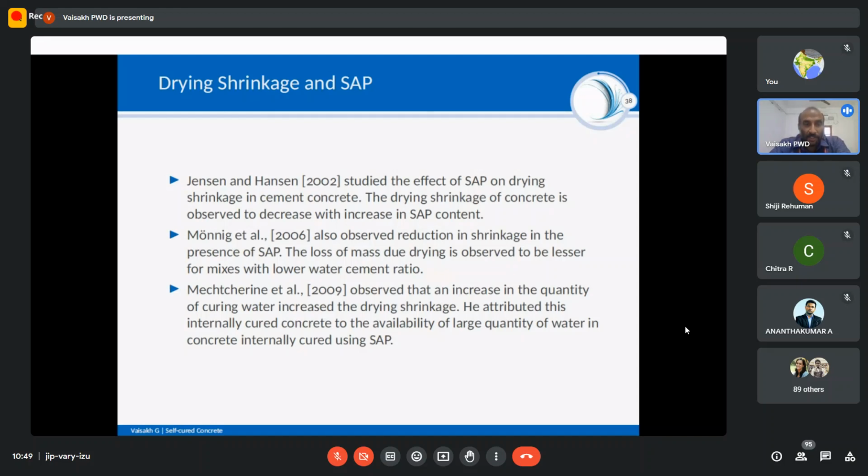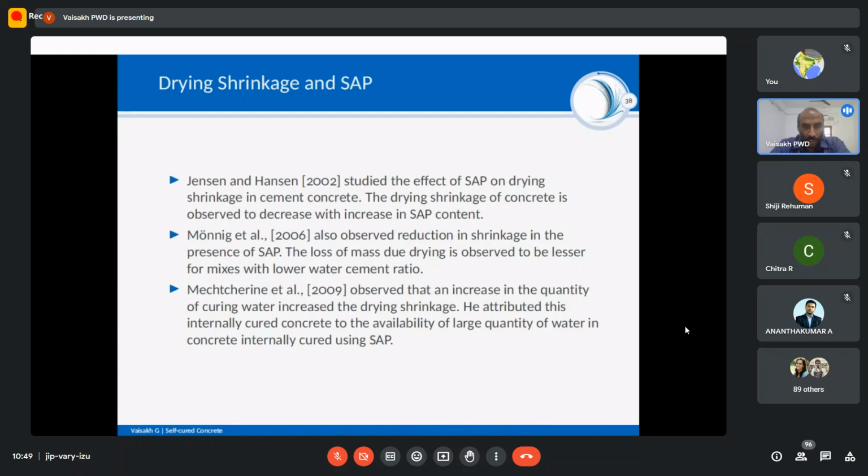Then Jensen and Hansen in 2002 studied the effect of SAP on drying shrinkage in cement concrete. The drying shrinkage is observed to decrease with increase in SAP content. Again, they observed the loss of mass due to drying is lesser for mixes with lower water cement ratio.